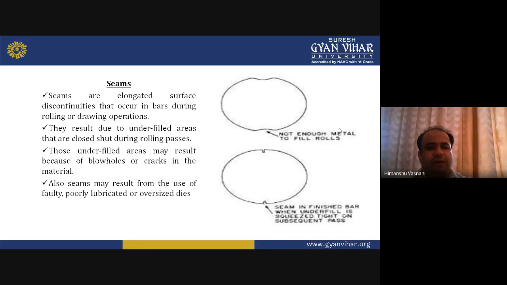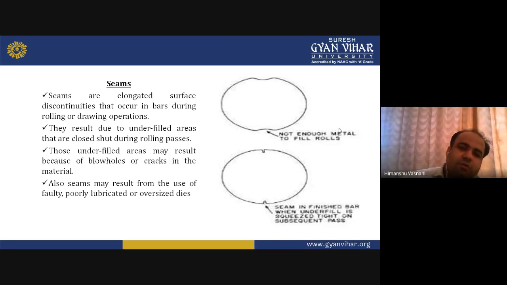Those underfilled areas may result because of blowholes or cracks in the material. You will find some kind of blowhole or crack on the surface of the material. They also result from the use of dies which are not properly maintained, not properly lubricated, or which have a bigger size than the requirement.